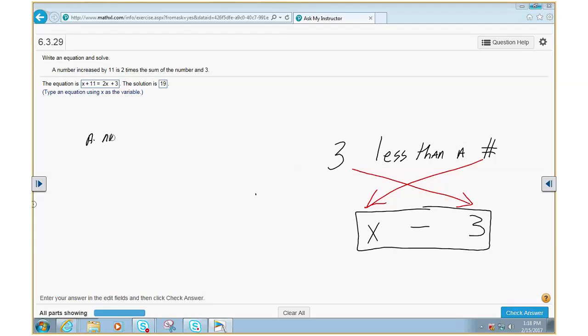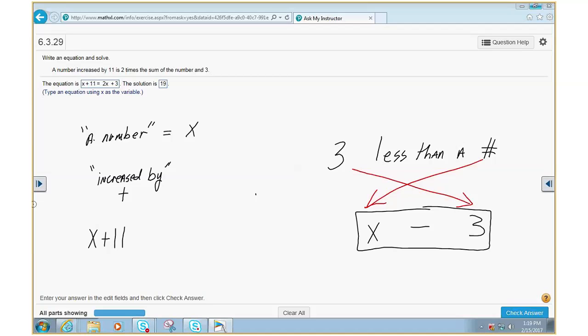Unless it says what the number is, a number is always going to be what? X. So, increased by 11. How do you say increased by 11? Well, increased by is another word for plus. So that's going to be X plus 11.